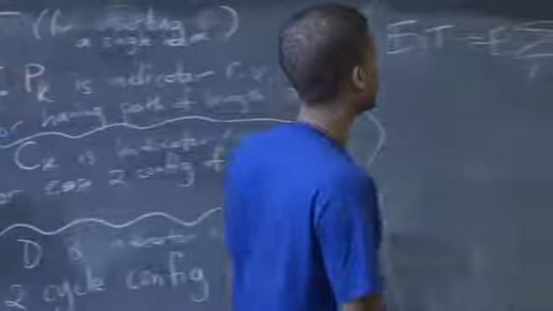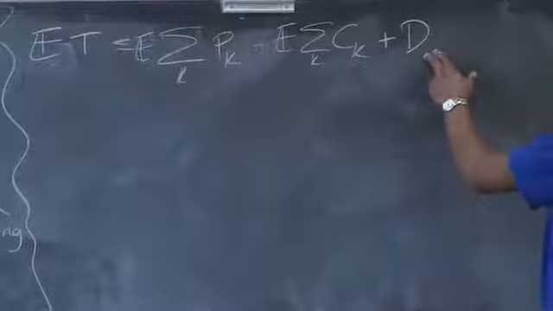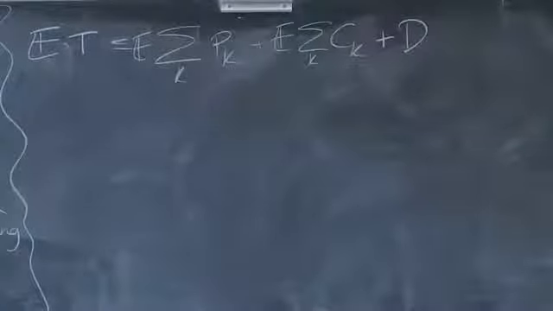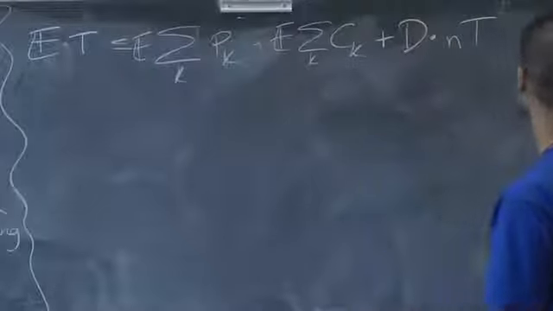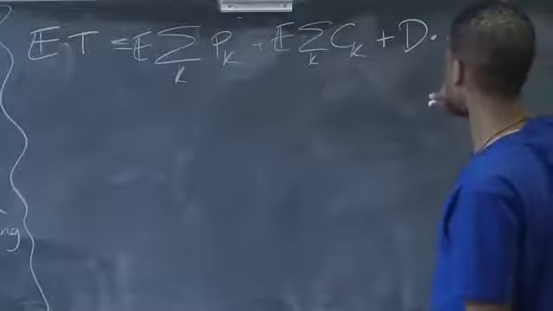Okay. Plus, and let me write now this, okay, so now if this happens, we will definitely rebuild. Plus D times nT. Is that expectation of D also? Oh, yeah.